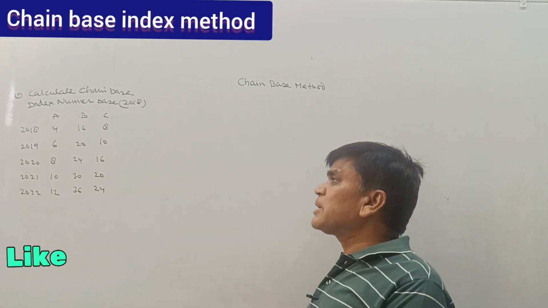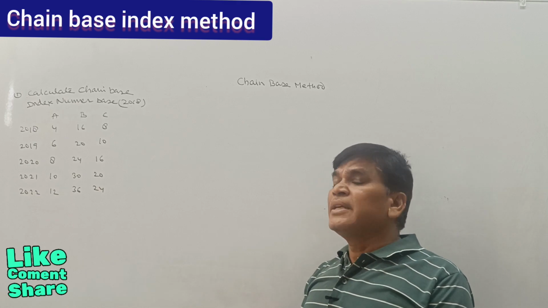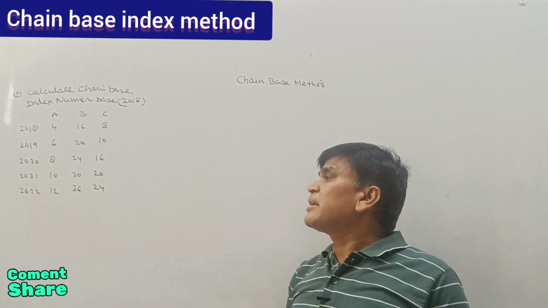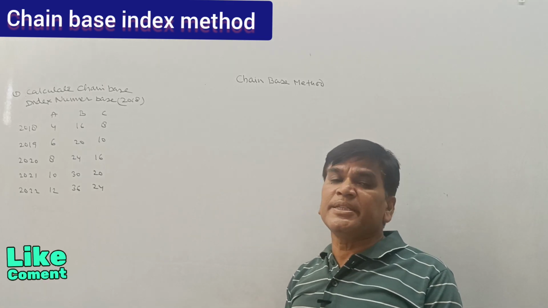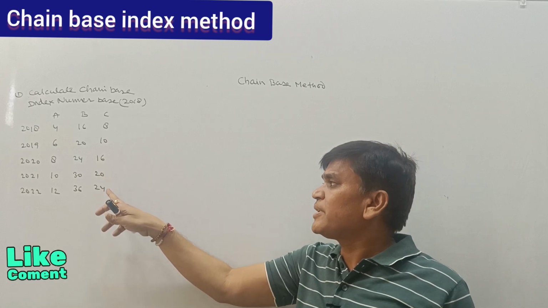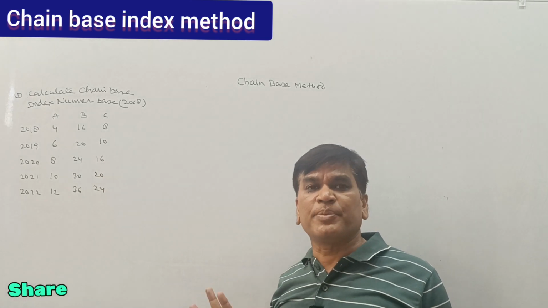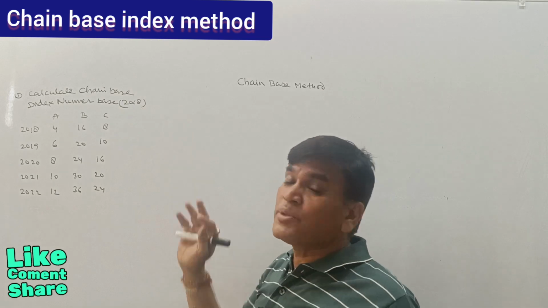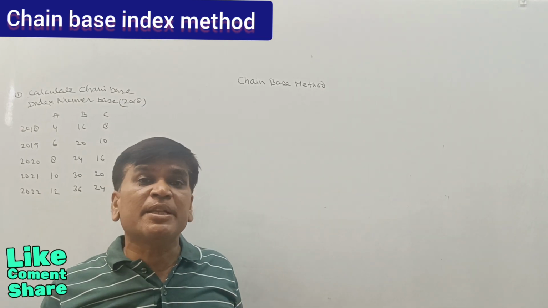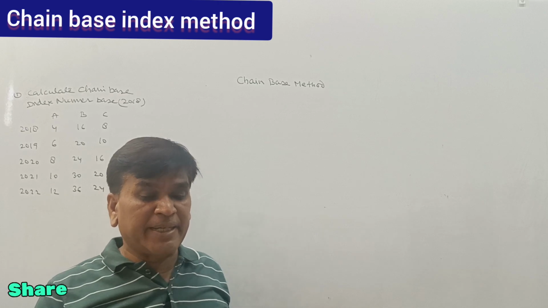Commodity B's price in 2018 was 16, then 20, 24, 30 and 36. Commodity C's price starts from 8 rupees, then 10, 16, 20 and 24. The base year is 2018, so we will treat its index as 100.